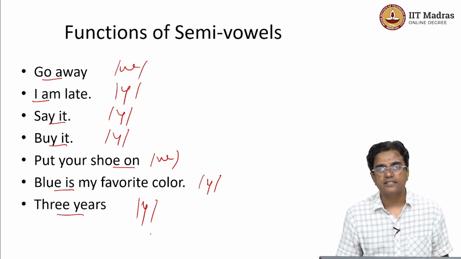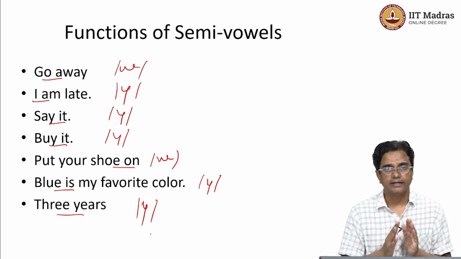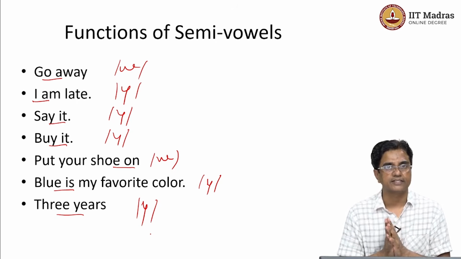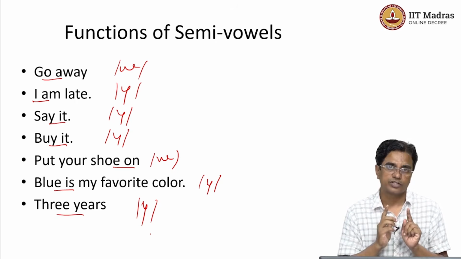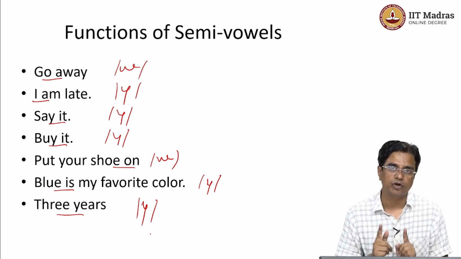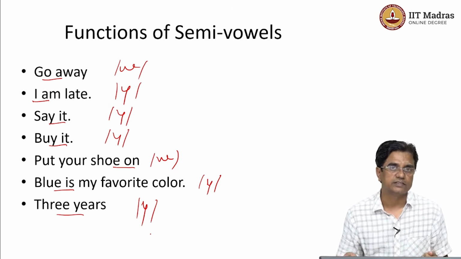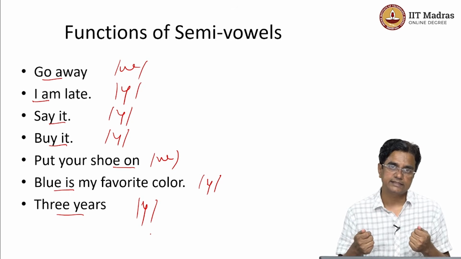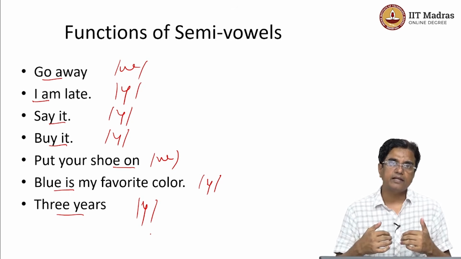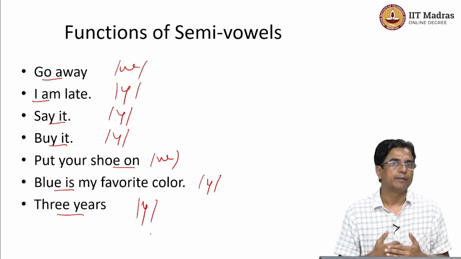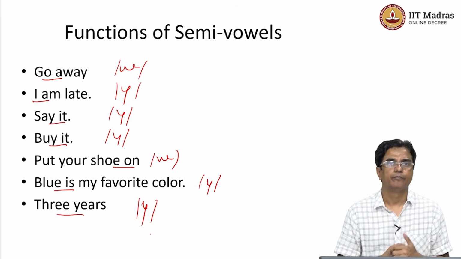So this is a function of a semi-vowel where, in fast speech or normal regular speech, for transition between two vowel sounds which belong to two different words, we see the appearance of a specific sound, and they are either one of the two semi-vowels, ya and wa.